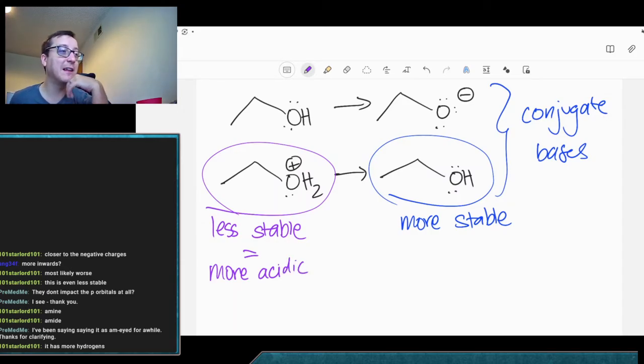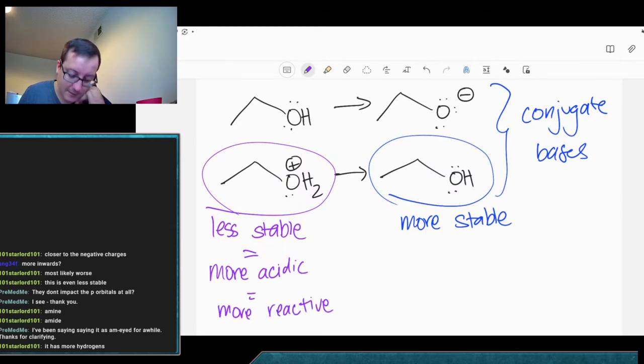So more likely to react, right? More reactive. It wants to become stable, yes? In fact, that top one is becoming less stable over the course of the reaction. If that ethanol loses its proton, it's now negatively charged, is less stable than it was before.